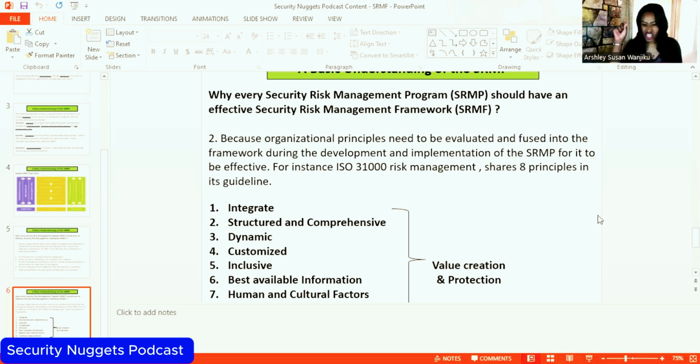Two, structured and comprehensive. This principle is very important because what it says is that the security risk management program has to be structured and comprehensive. This means that, one, it has to be systematic in the way that it's been conducted. It's got to be done in an orderly and organized manner, right? And again, it's got to be comprehensive.